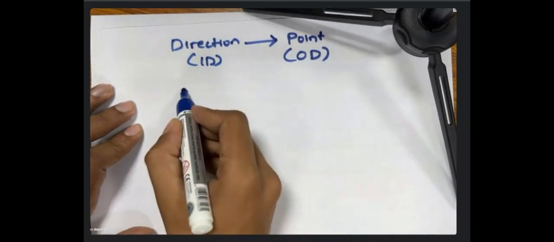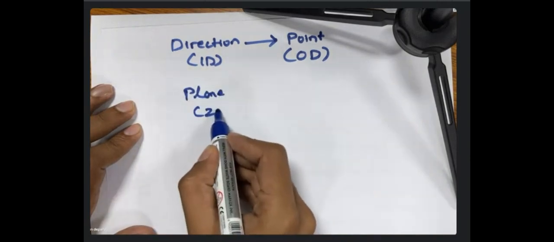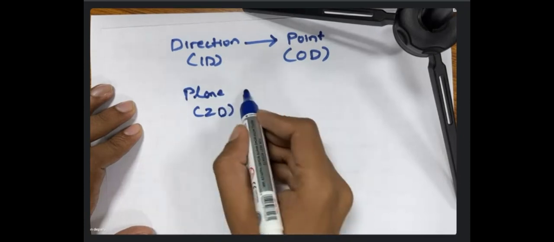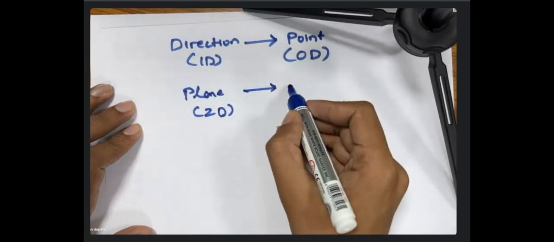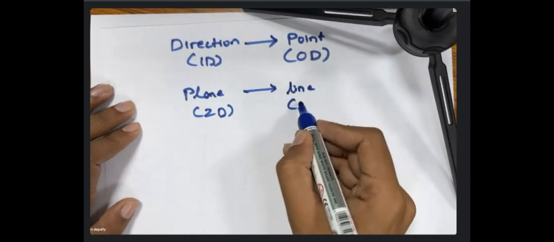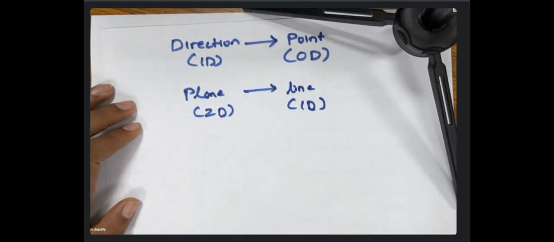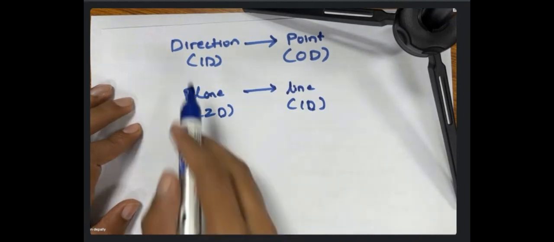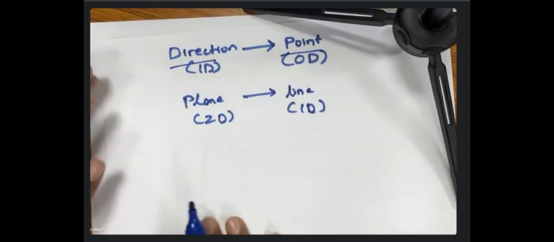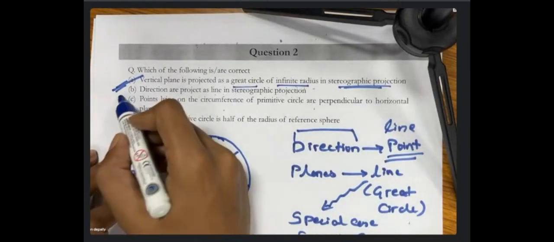A plane in real space is 2D, but in the stereograph it will be represented by a line or a curve, which is 1D. So whatever we present in the stereograph, its dimensionality gets reduced by 1. Directions will only be presented as a point, and the second option, which said directions are presented as a line, is incorrect.